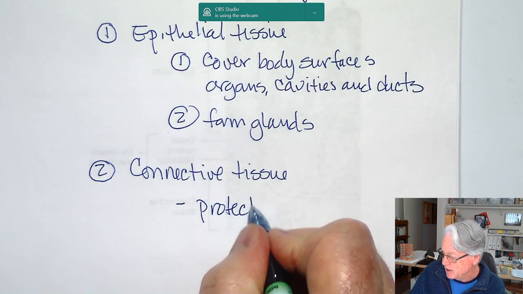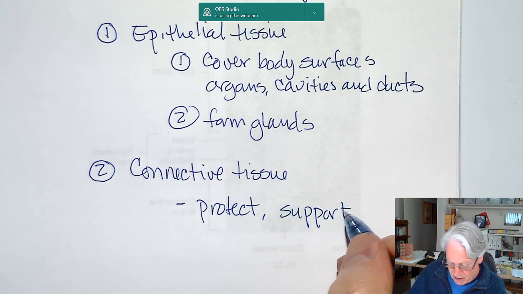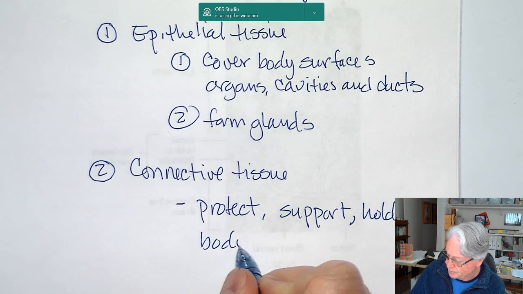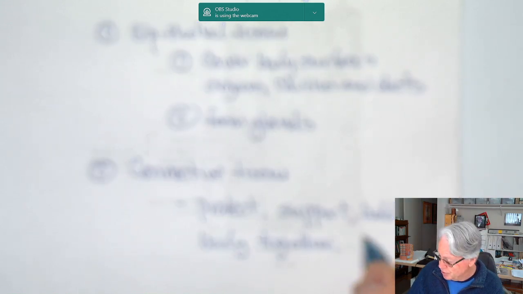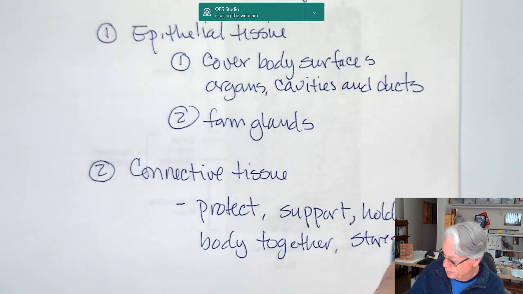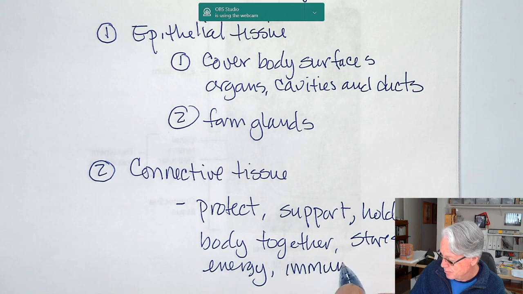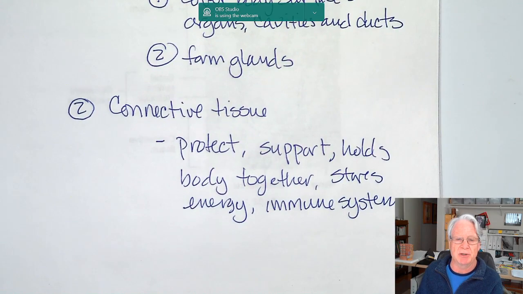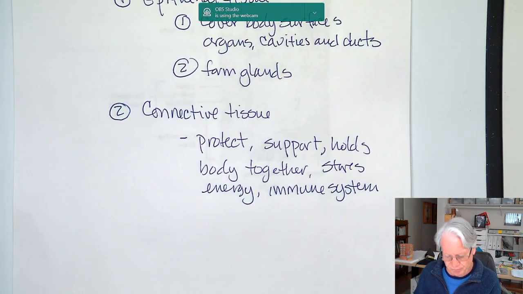I'm not going to make a complete list here, but protecting, support, holds the body together. Stores energy, is part of the immune system. We'll take a look at that in more detail as we look at each of the different types of connective tissue. So we have connective tissue.